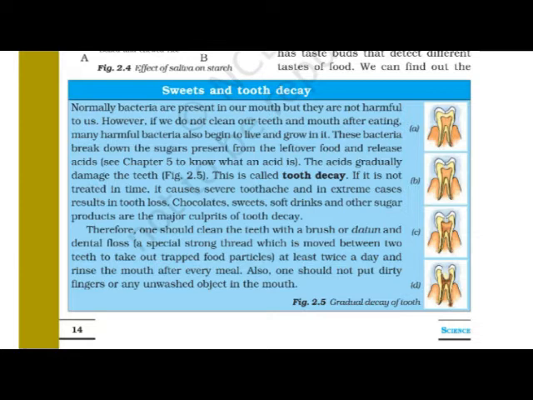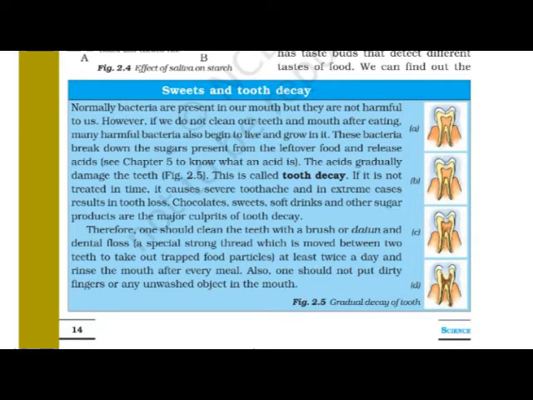Tongue can tell us various tastes such as sweet, salty, bitter, or spicy. The taste buds are present in various sections of the tongue, and they detect the different tastes.